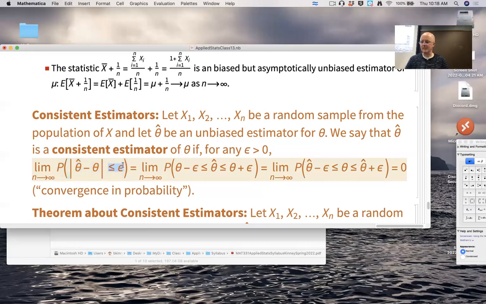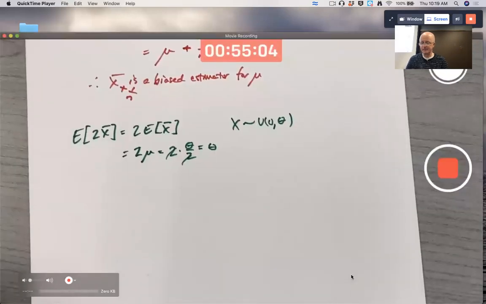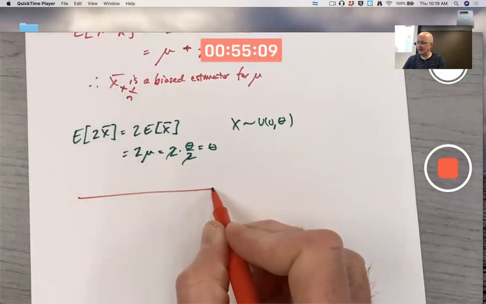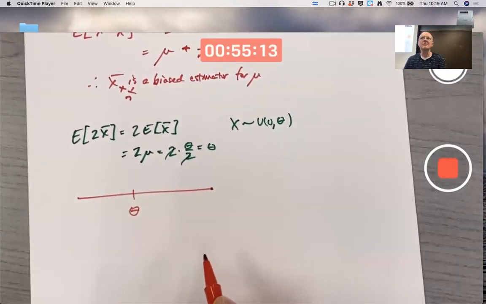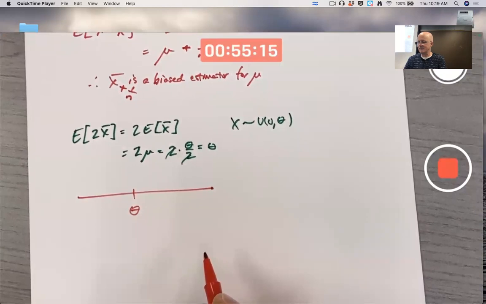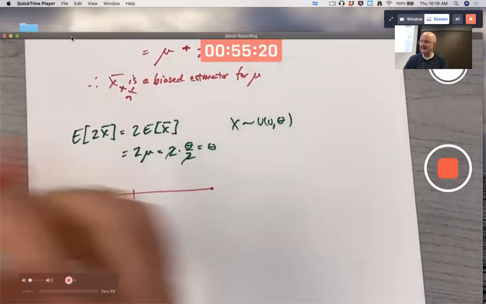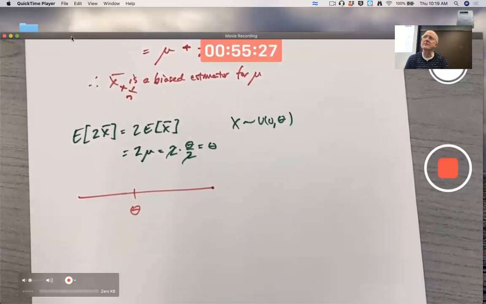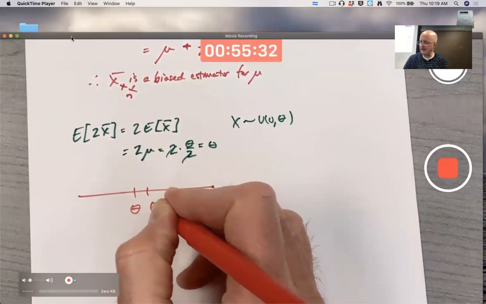If you draw a number line, we don't typically know where theta is, but let's just pretend we do. Theta hat is a random variable, not a number really, but then I can think about its observed values, which are numbers. Maybe some observed value of theta hat is right there.